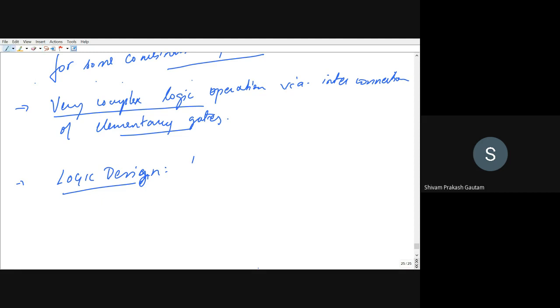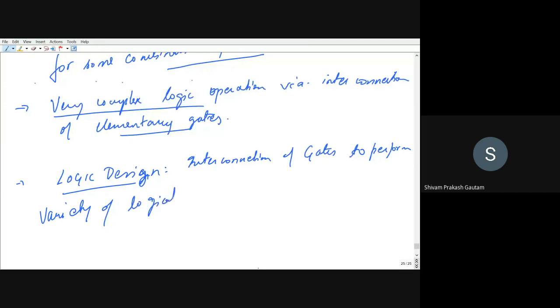Logic design means interconnection of gates to perform a variety of logical operations.